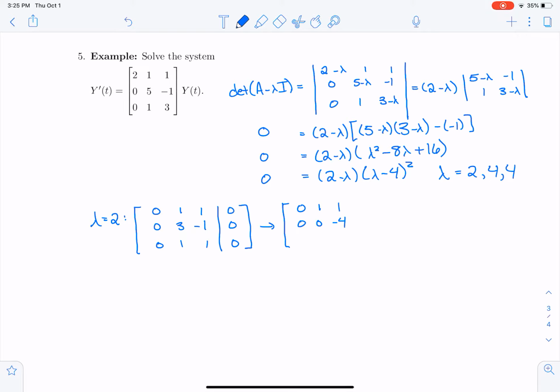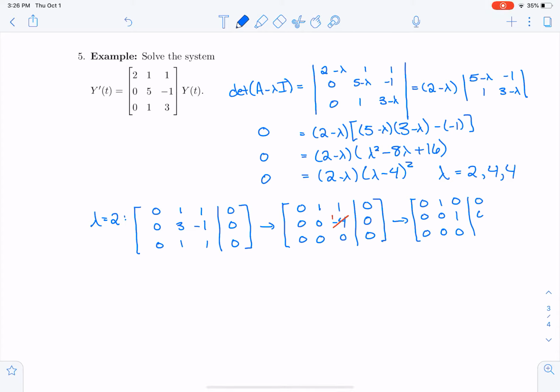And then finally, I'm going to take the third row and subtract the first row to get all zeros on the bottom. I can take the second row and divide by negative 4 to get a 1. And so I can reduce this matrix one more time to get 0, 1, 0 by taking the first row and subtracting the second one, getting 0, 0, 1, and 0, 0, 0. Again, the right-hand side is 0, 0, 0. So my eigenvector is actually going to just be 1, 0, 0.